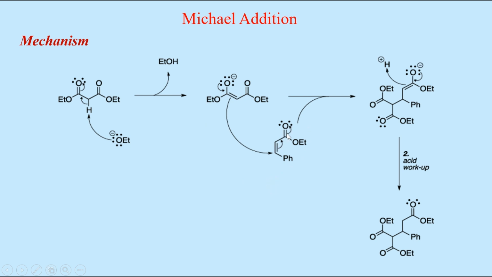The pi electrons between the carbon and the oxygen move towards oxygen owing to its electronegativity, creating a positive center on the carbon. And to satisfy the positivity on the carbon, the pi electrons which are adjacent to it move, creating a positive center over here.